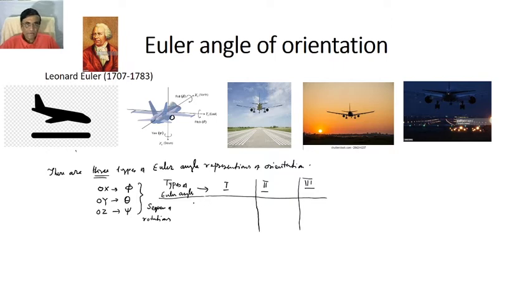One is phi about the OZ axis, theta about the OU axis, psi about the OW axis. So these are the rotations that can describe a gyroscope's orientation or this aircraft's orientation using these three parameters.